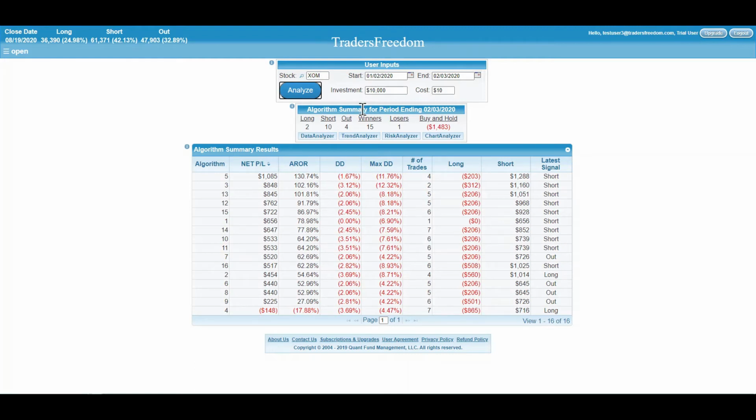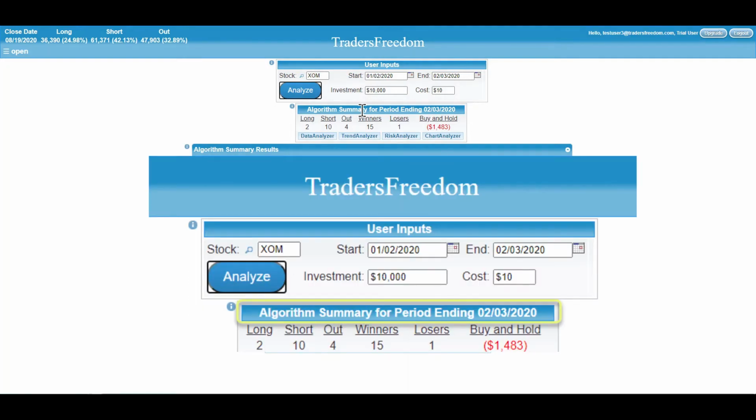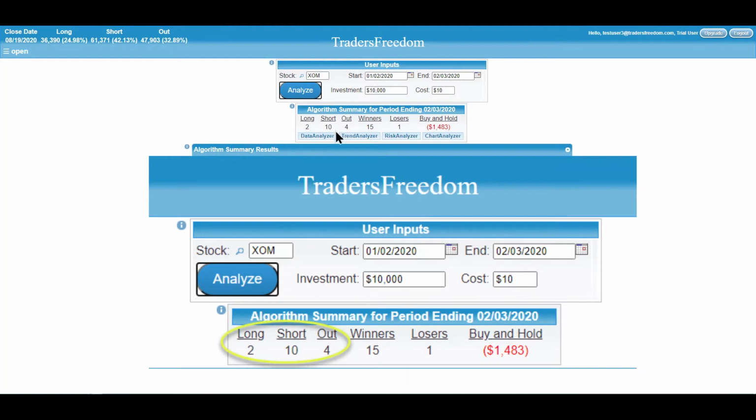First, we will start with the algorithm summary box, where you'll see proprietary data based on Freedom's algorithms, like how many of each one of those Freedom's 16 algorithms are signaling long, short, or out for the next day. In the case of ExxonMobil, we see 2 longs, 10 shorts, 4 outs. How many of those 16 algorithms made or lost money during that time period?